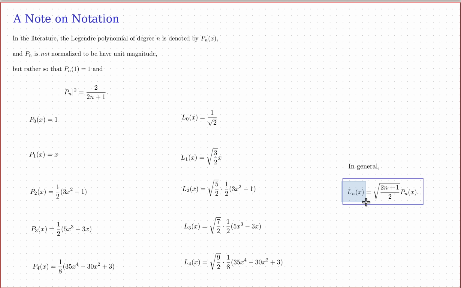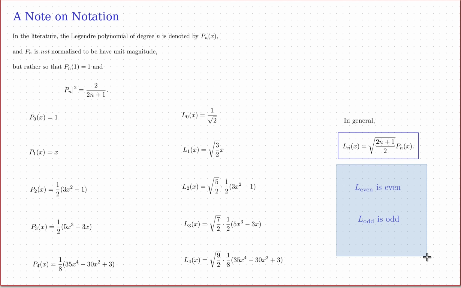The normalized form is always equal to radical of (2n plus 1) over 2 times the standard form. That's a very simple procedure for normalizing P sub n of x. Here I've given the first 5 Legendre polynomials, P0 through P4, in both standard and normalized form. They're easy to find online. Wikipedia has a table of about 10 or so Legendre polynomials, so they're easy to look up when you need them.